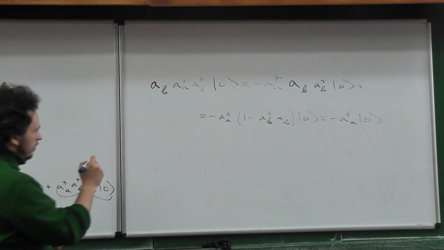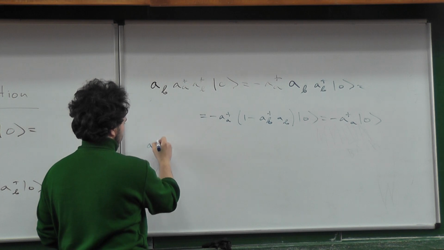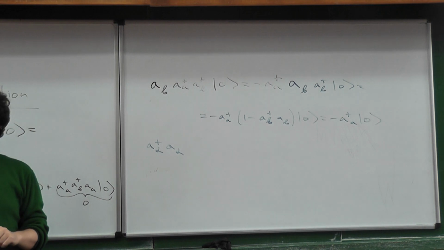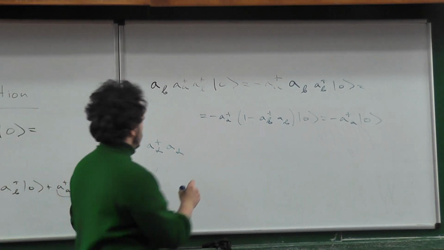Finally, we'll need the following knowledge, that if we have an operator A alpha dagger A alpha, it counts the number of electrons in state alpha. Let's check that.